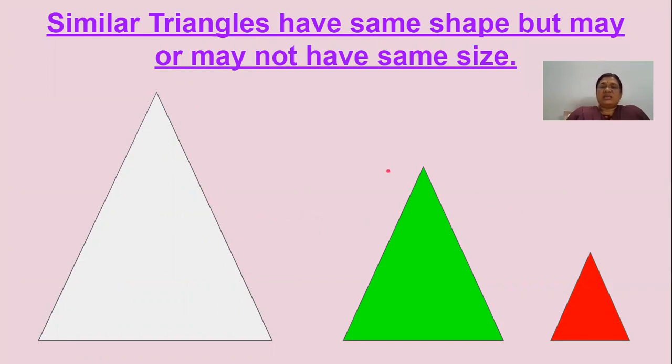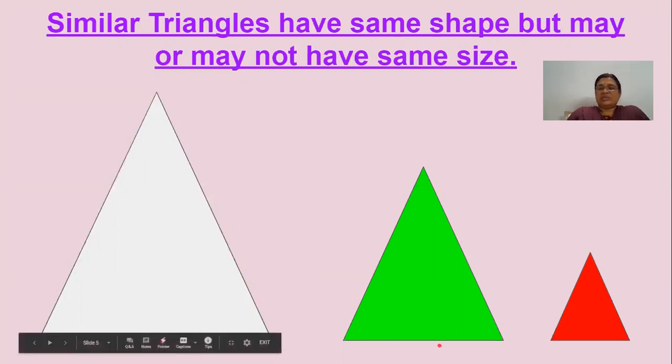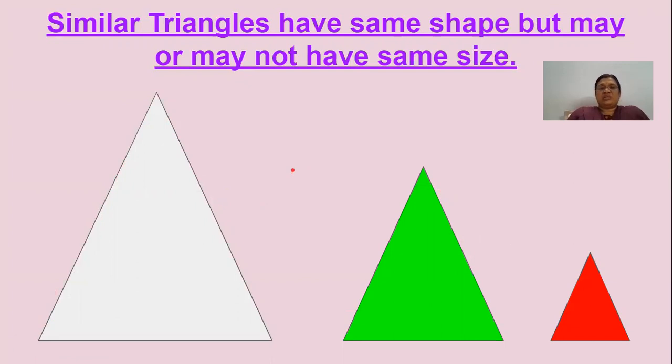How can we say these are similar to each other? By taking the concept that the angles should be equal. See here, these three angles are equal and these three angles are also equal. And the sides should be proportional. You may see in our daily life, when you go for the 10th class examination, the institution will take a photograph like a passport size photograph.